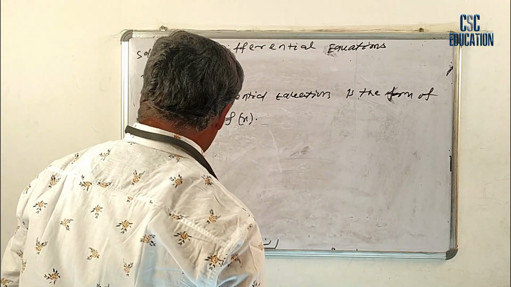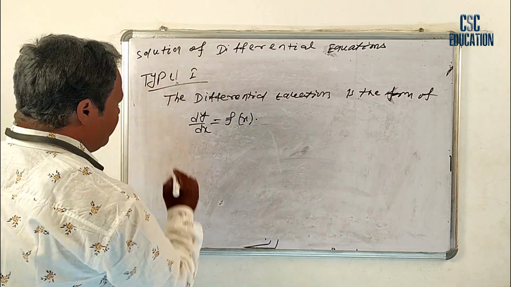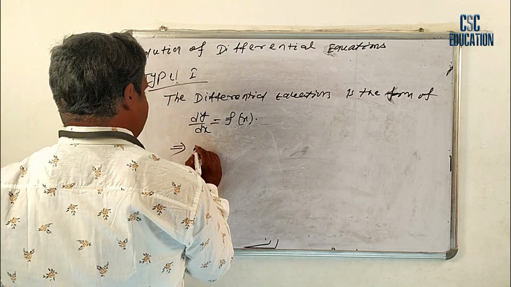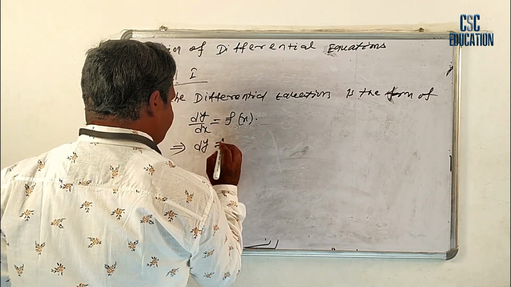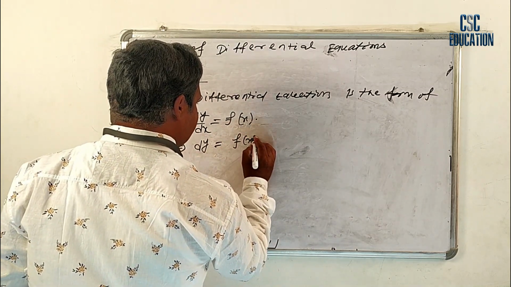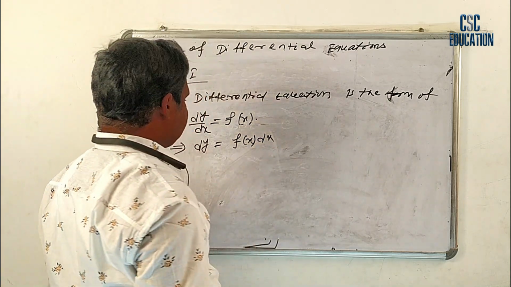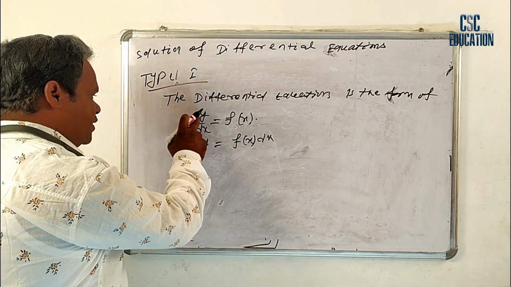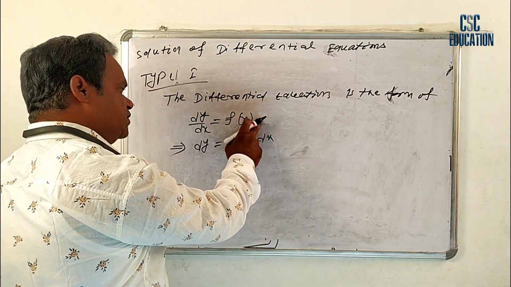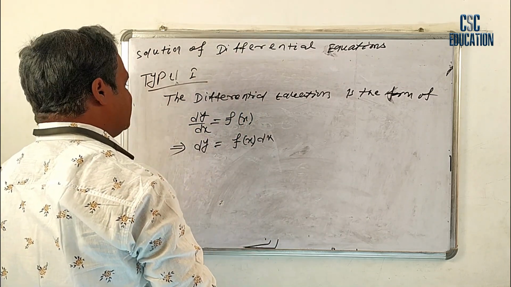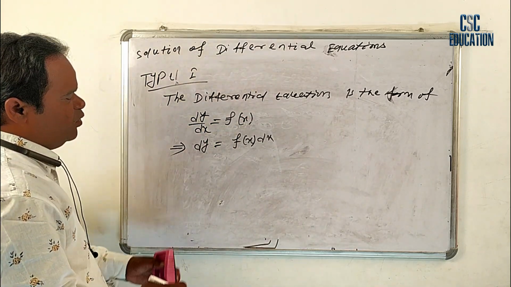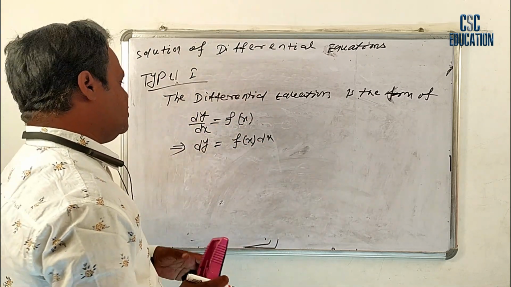In this type, first of all, separate the variables. First convert it into the form dy by dx equal to f of x. Then separate the y form and the x form.